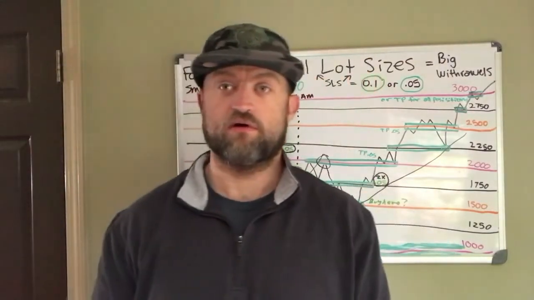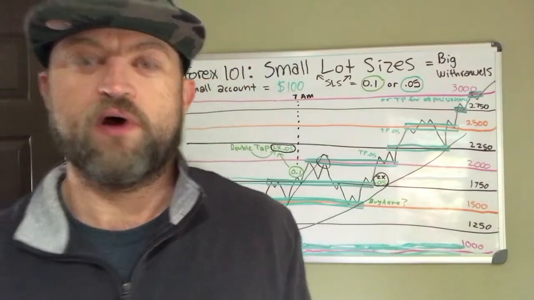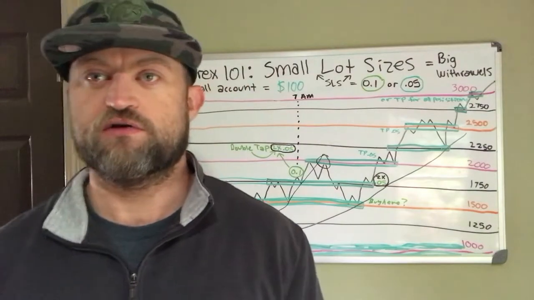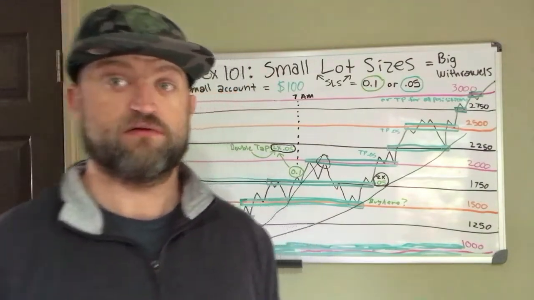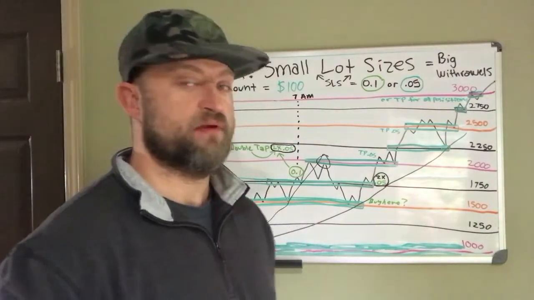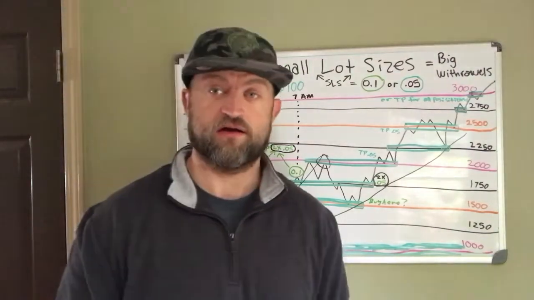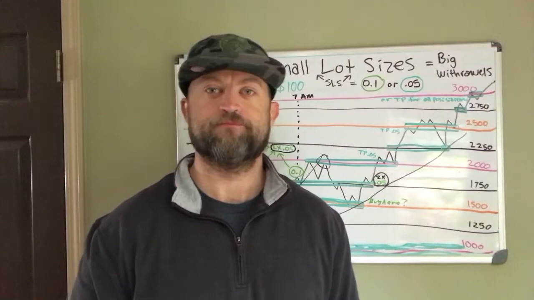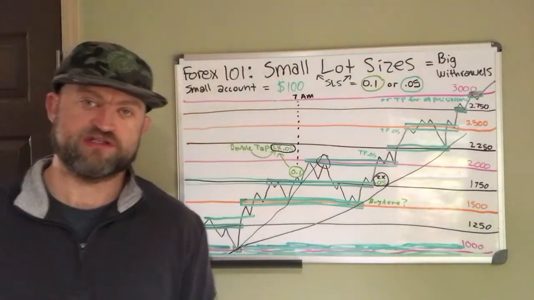I'm getting up on over 20 minutes now, but the key is to not risk too much, because a lot of times the big move of the day will be like 1,000 points on GU, or GBP USD, Great British Pound versus the US dollar.